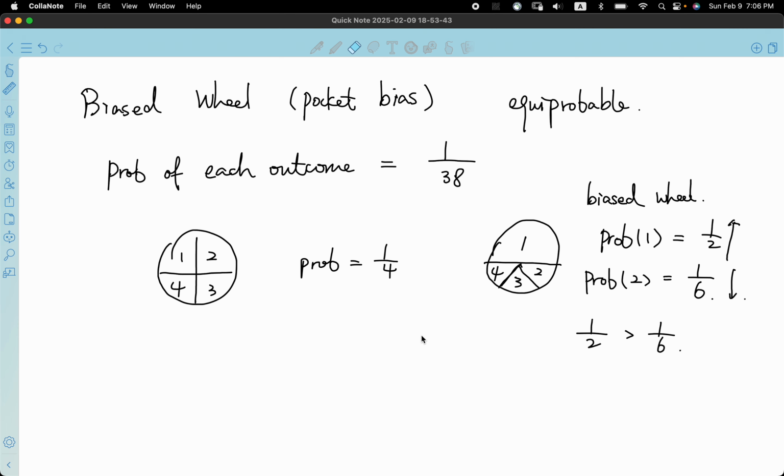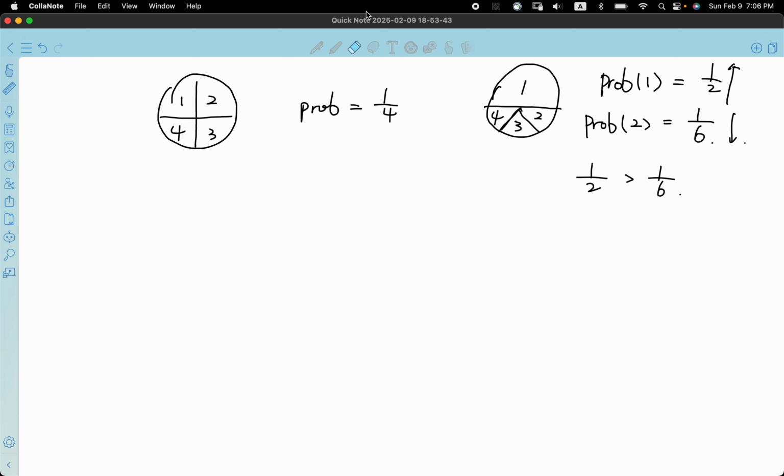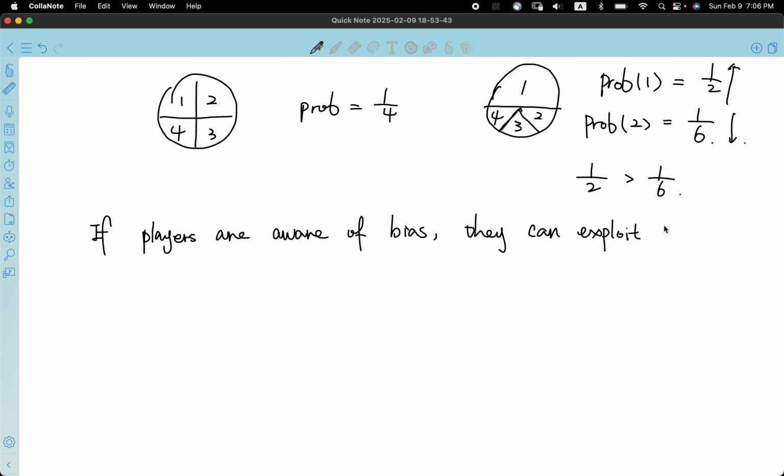Just a comment here: if players are aware of the bias, they can exploit such bias.